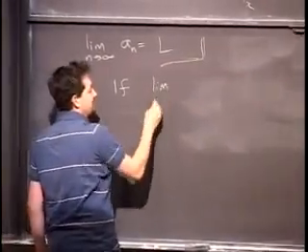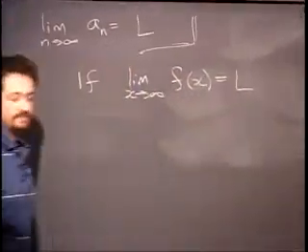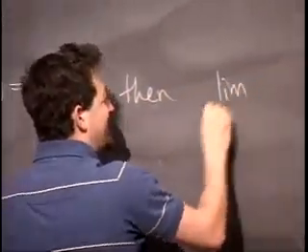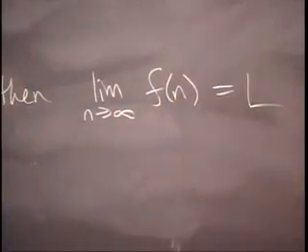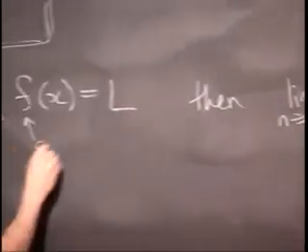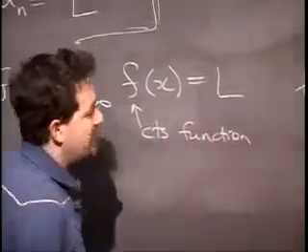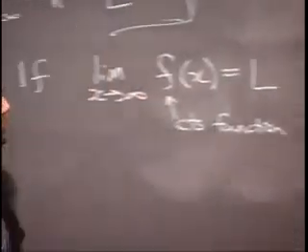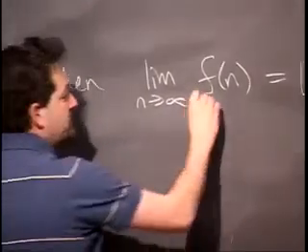If the limit as x goes to infinity of f of x is L, then the limit of the sequence whose values are f of n is also L. And here I'm thinking of this as a continuous function. It actually doesn't necessarily even have to be continuous, but anyway, let's just say it's continuous. And here I'm thinking of this as a sequence.